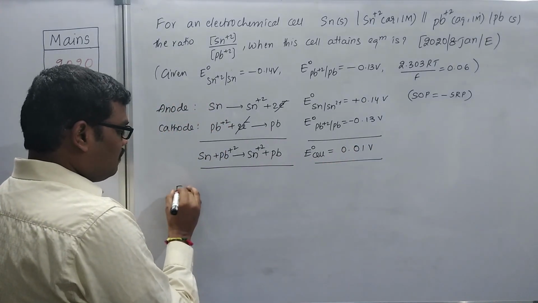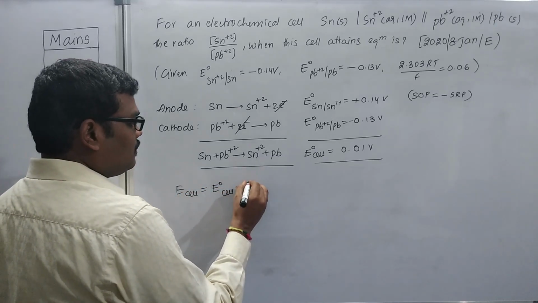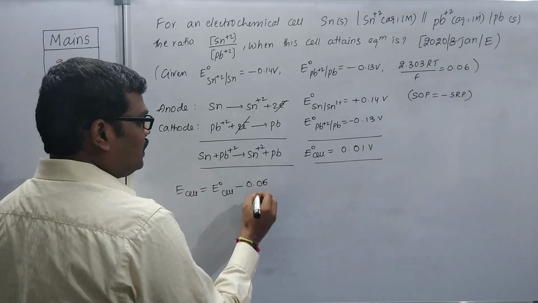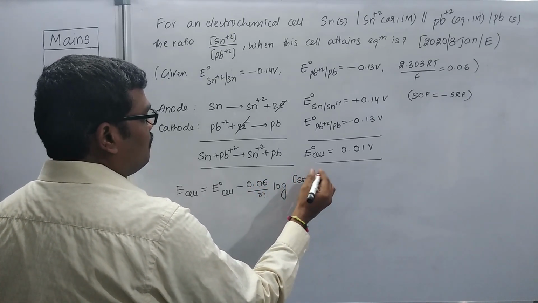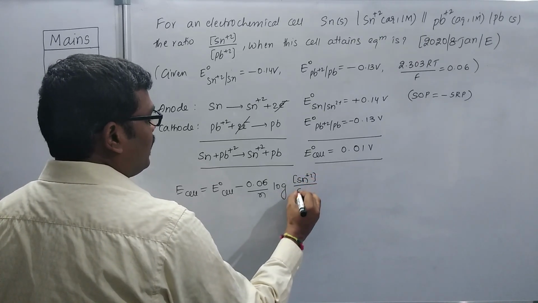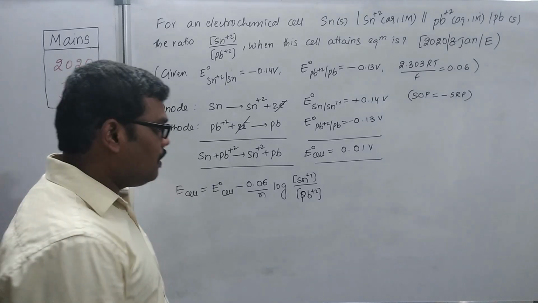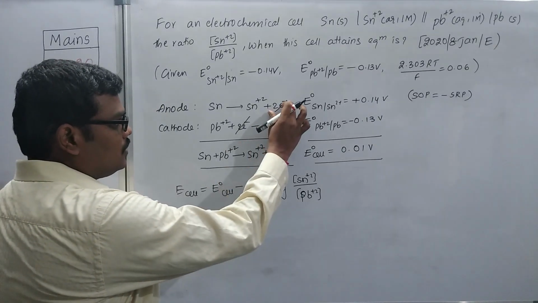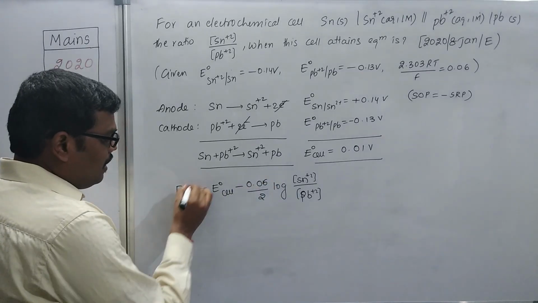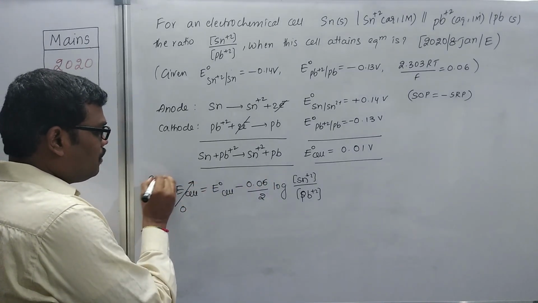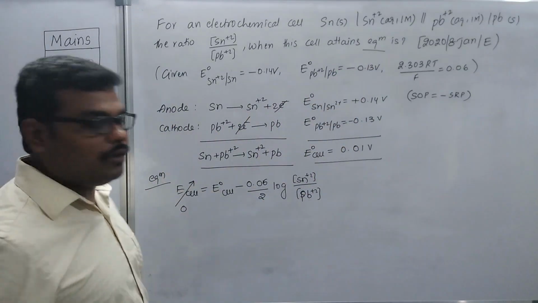Now the Nernst equation: E cell is equal to E0 cell minus 0.06 by n log concentration of Sn2 plus ion by concentration of Pb2 plus ion. The number of electrons involved in this process is 2, so I can replace n with 2. Now E cell becomes equal to 0 at equilibrium. In the question it is clearly mentioned at equilibrium.